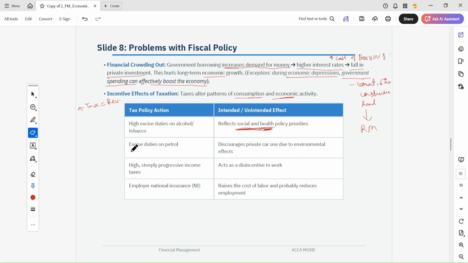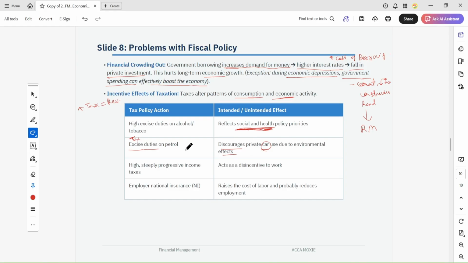Okay. Next is the excise duty on petrol. Excise duty is one type of tax. When the excise duty on petrol increases, this means that car owners will be discouraged from using their cars, to discourage private car use due to environmental effects.